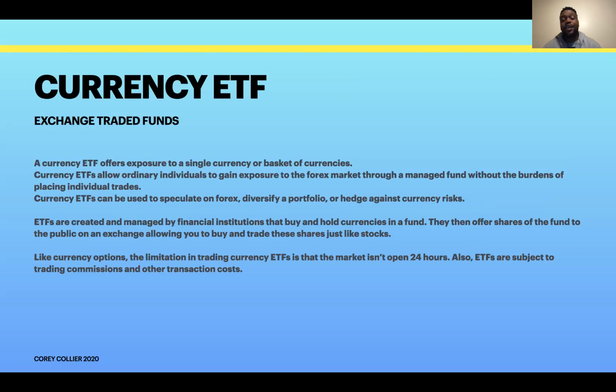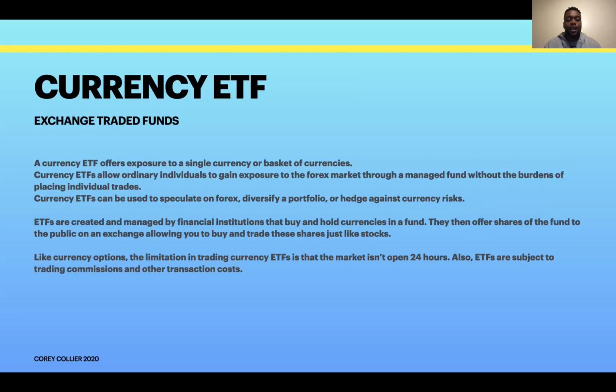So what is a currency ETF? ETF stands for exchange traded fund. An ETF offers exposure to a single currency or a basket of currencies, all right? Currency ETFs allow ordinary individuals to gain exposure to the Forex market through a managed fund without the burden of placing individual trades.